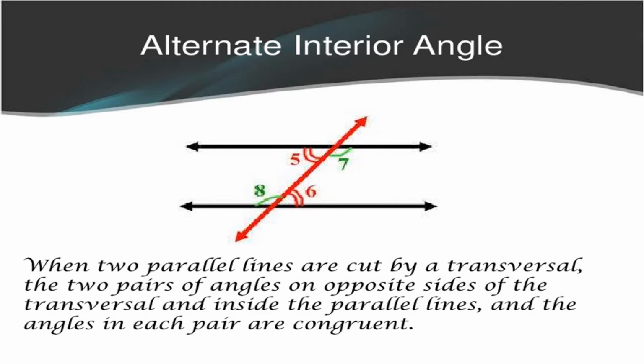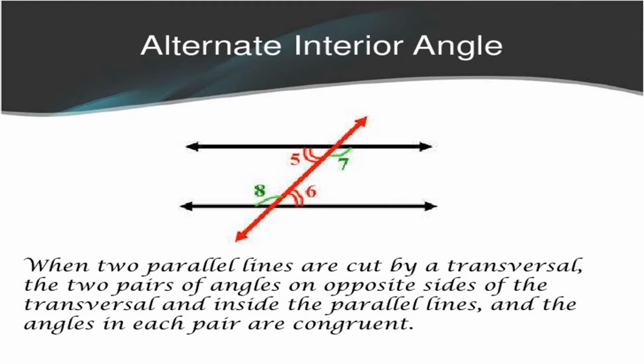Now alternate interior angles. When two parallel lines are cut by a transversal, the two pairs of angles on opposite sides of the transversal and inside the parallel lines, and the angles in each pair are congruent.